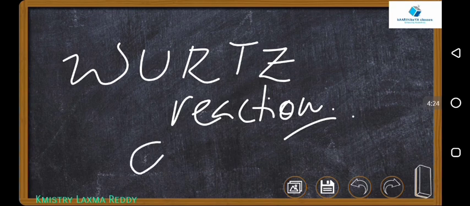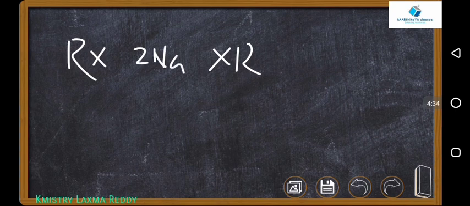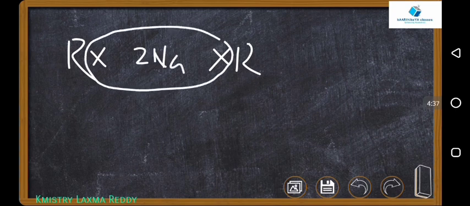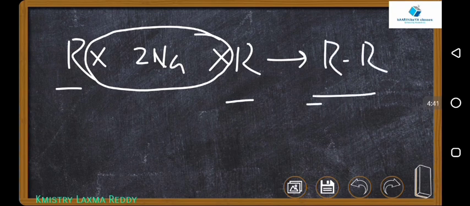The Wurtz reaction is a coupling reaction. Two units are going to mix. For example, RX and one more RX, if you are taking them with sodium metal, the halogen part goes out and these two R groups are joining, giving R-R.